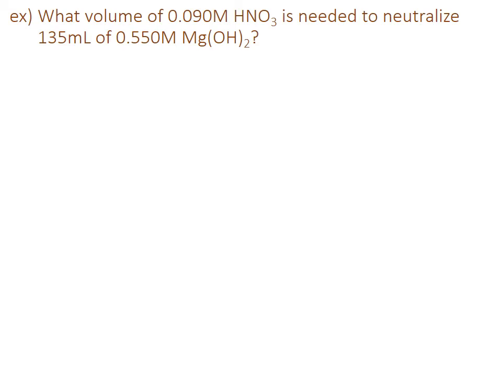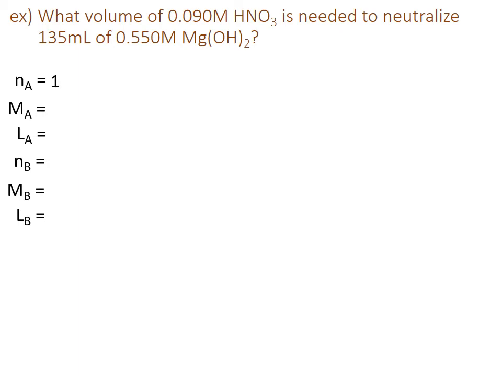Example: what volume of 0.090 molar nitric acid is needed to neutralize 135 milliliters of 0.550 molar magnesium hydroxide? So our variables are Na, Ma, La, Nb, Mb, Lb. Na is 1 because HNO3 makes 1 H+.